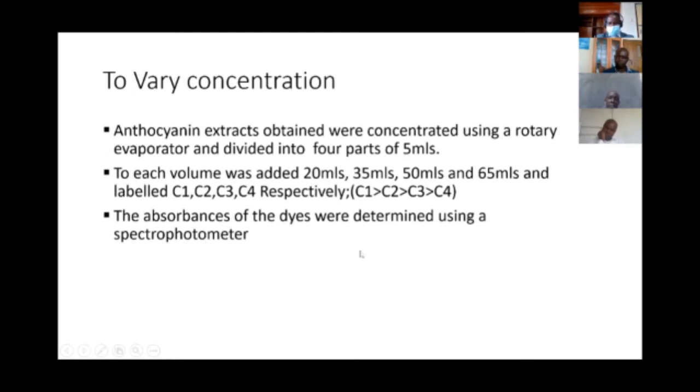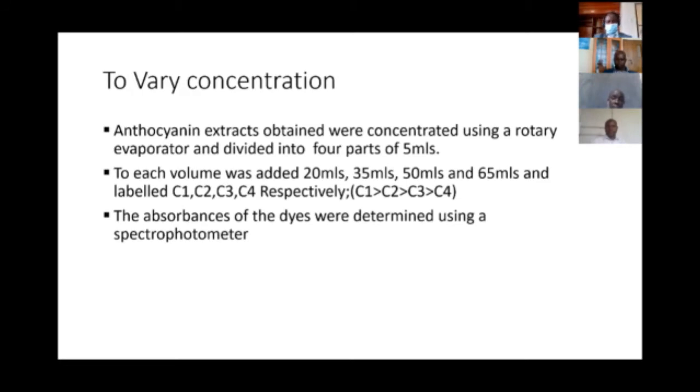To each of these, we added different volumes of methanol acidified with trifluoroacetic acid to obtain 4 solutions at different concentrations. At this stage, we are sure that they are different concentrations, but we cannot tell which exact concentration those samples are.